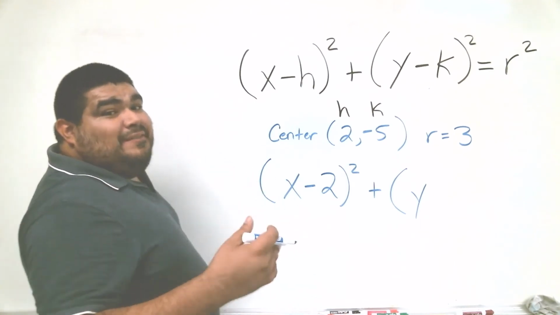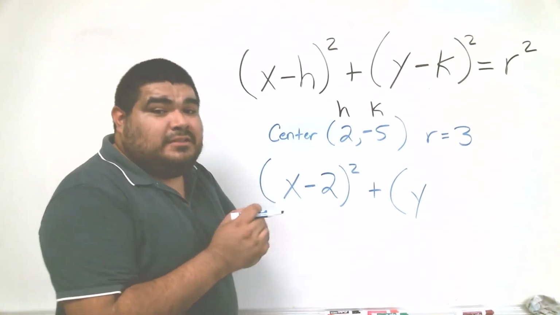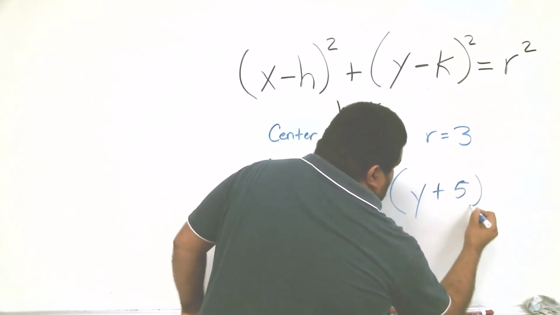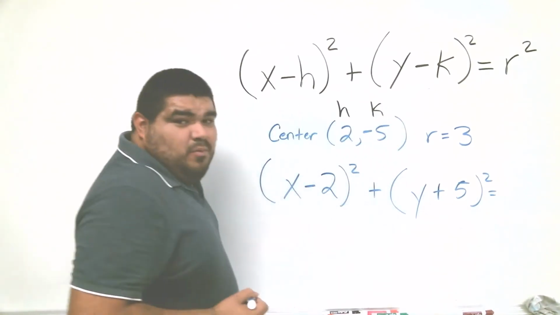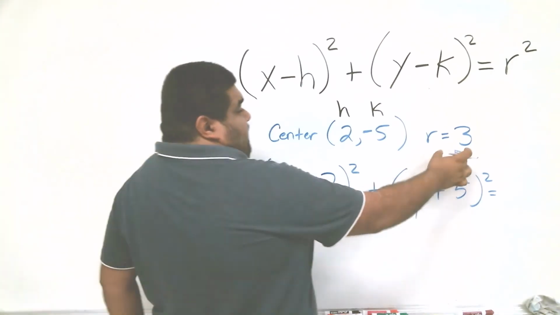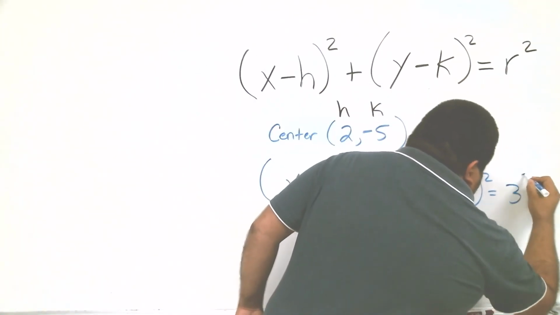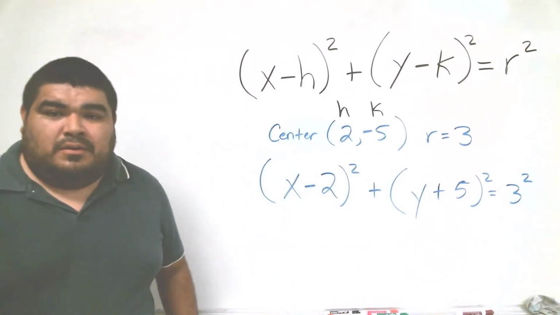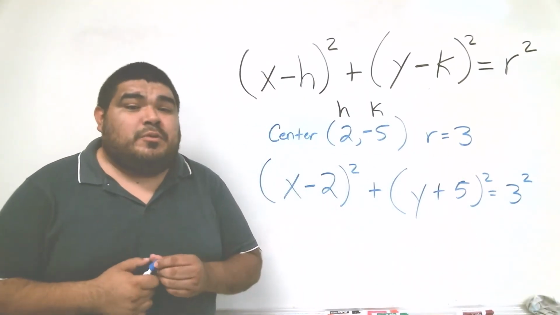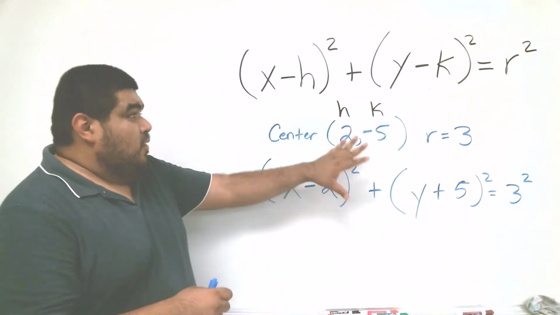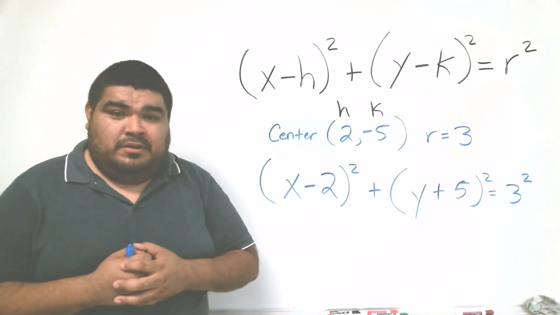That means that negative times negative makes it a positive, okay? So plus 5 squared equals, our radius is just our number, 3 squared. And we're done. That's all we're doing. We're just plugging it in, okay? All you have to do is just label it and then just plug it in into the equation.